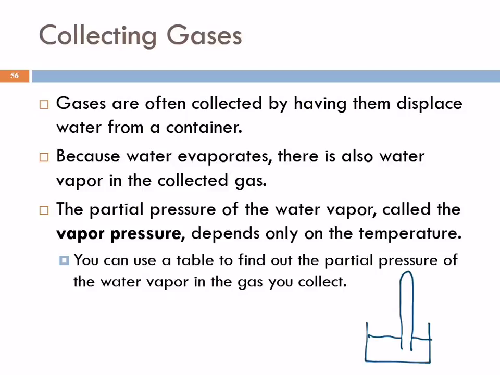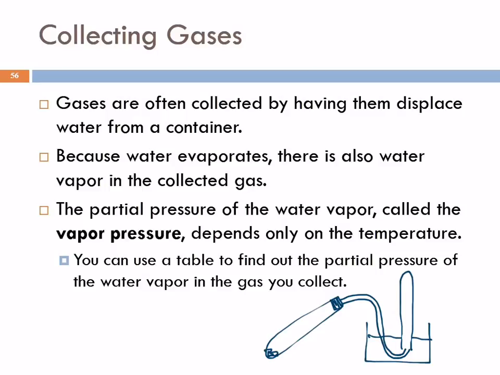And then over here, I have a test tube where I'm reacting something and it's giving off a gas, and I want to collect the gas. So what I can do is I can put a stopper in this, and I can run a tube through a little hole in the stopper, and it'll come out down here under this other container.